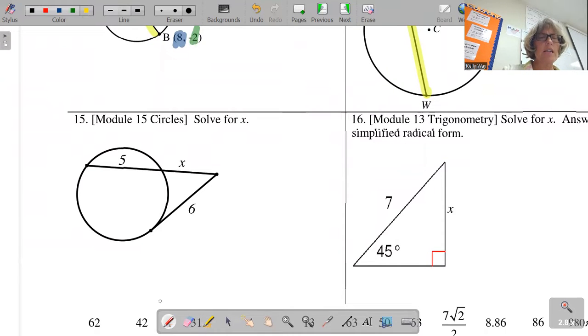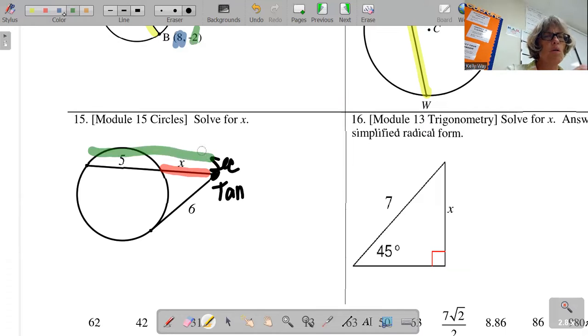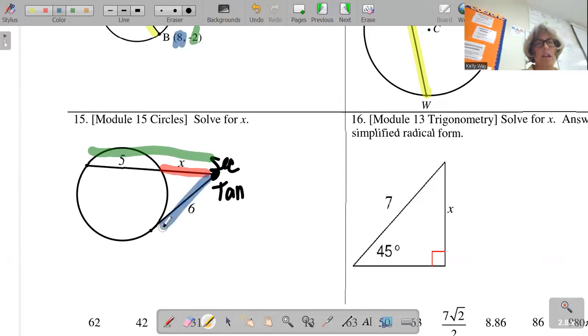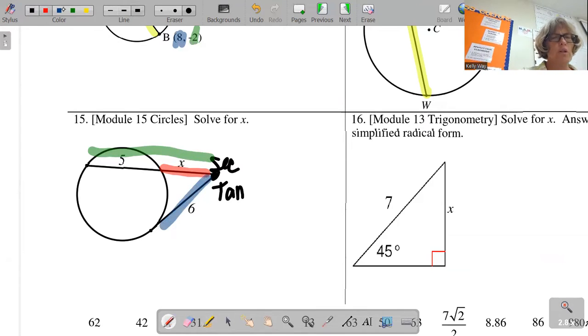Here, for a tangent and a secant, this one is the piece times the whole equals the tangent segment squared. So our piece is x. Our whole, this is what students get incorrect.